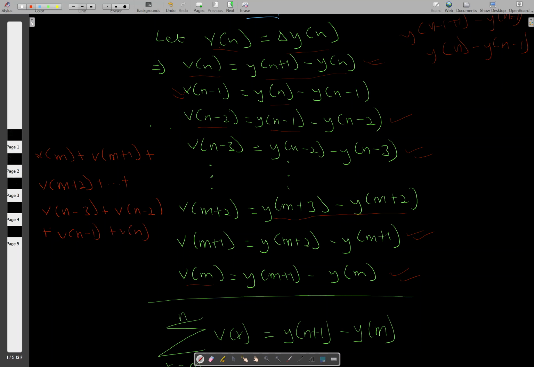Okay, so we are finding the sum on the left hand side of the equal sign. Okay, so we can write this in a compact form.